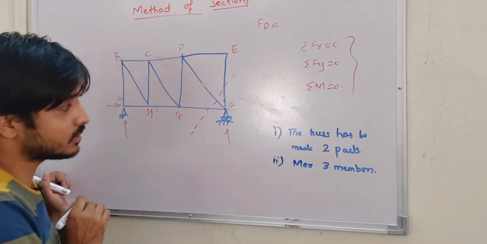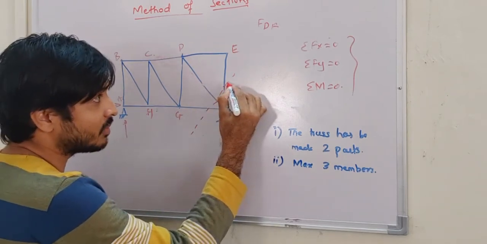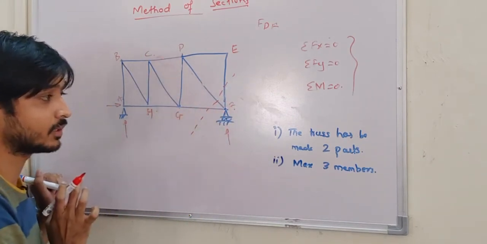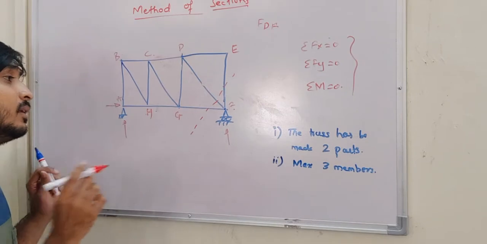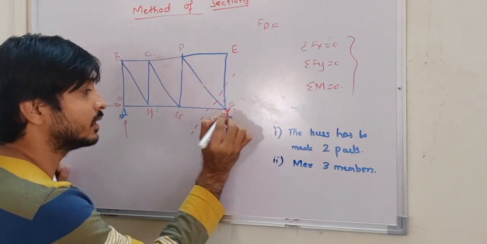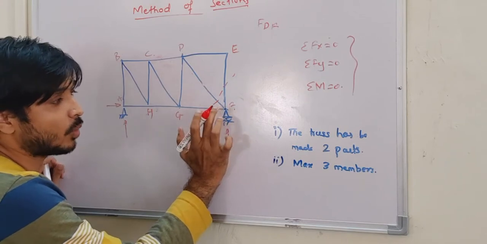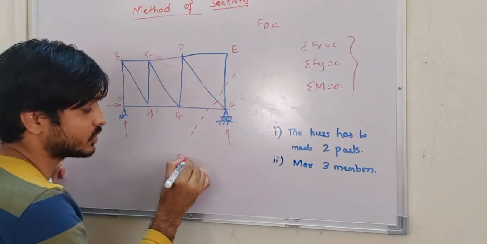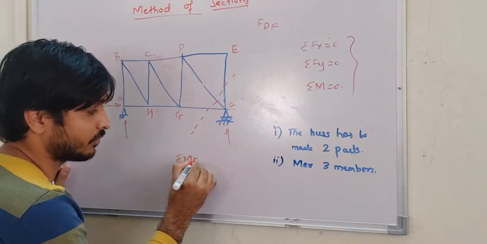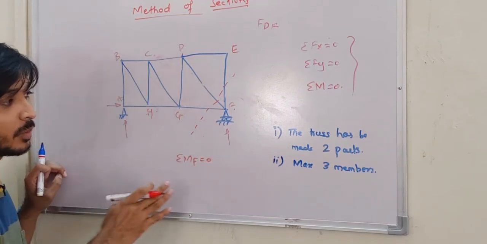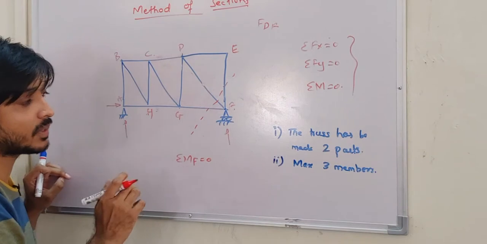But the issue is there is one member I have cut, EF, one member DF I have cut, and one member GF I have cut. But here what is happening? If I take the equilibrium of this section, and I want to calculate the summation of moment about F equals to 0, what happens?